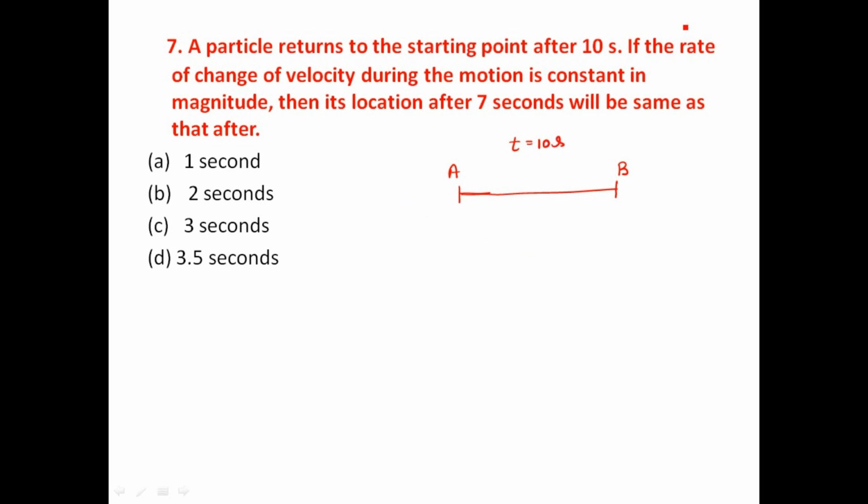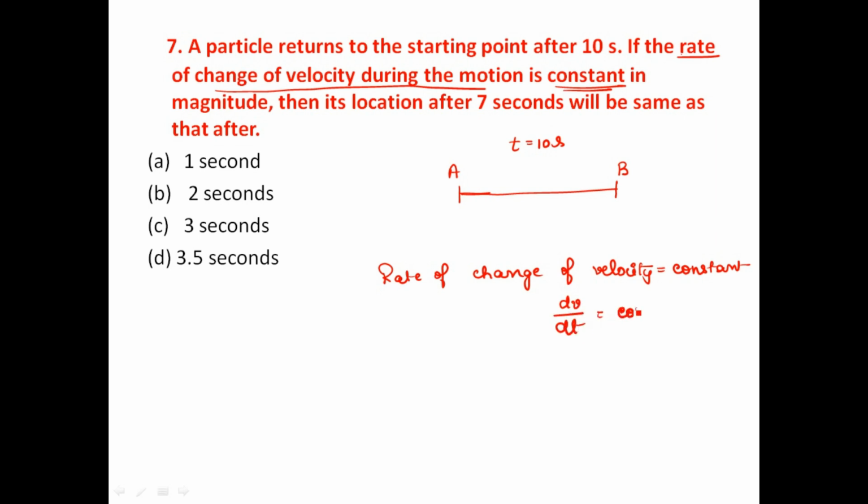It is given that rate of change of velocity during the motion is constant. What do you mean by rate of change of velocity? Which means dv by dt being constant. dv by dt is nothing but what? Acceleration.